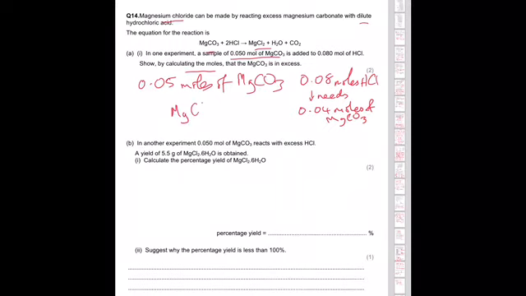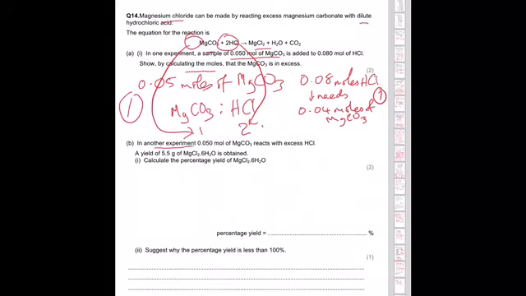Magnesium carbonate to HCl from the equation is a 2:1 or 1:2, whichever way you're writing it. And so therefore you've got more moles of magnesium carbonate than you need for the reaction, so it's in excess. So one mark for explaining the ratios of what's needed, and 1 mark to say that you've got more magnesium carbonate than you need.